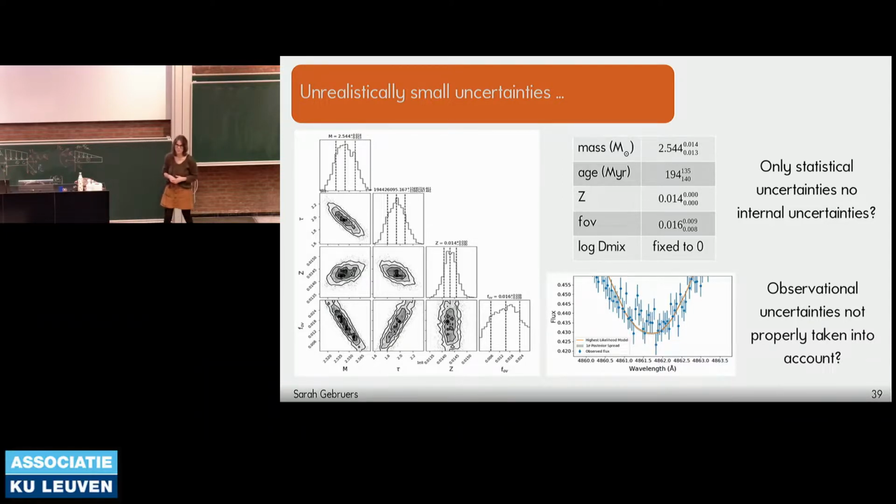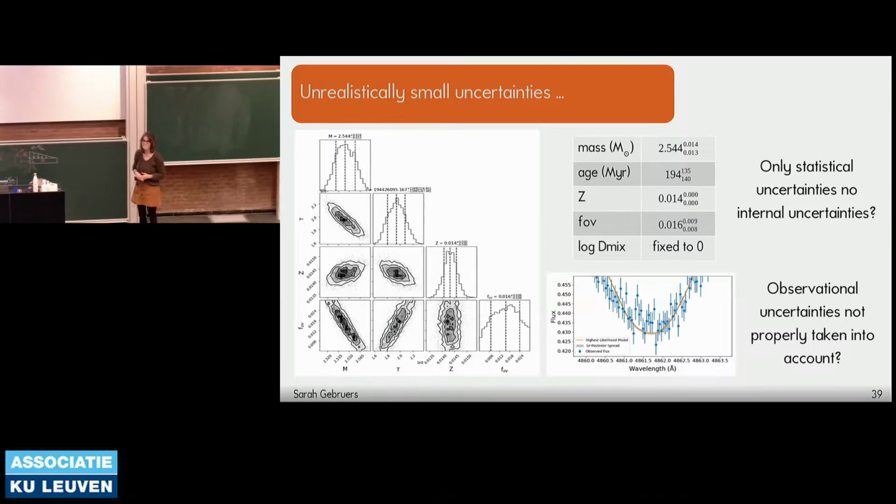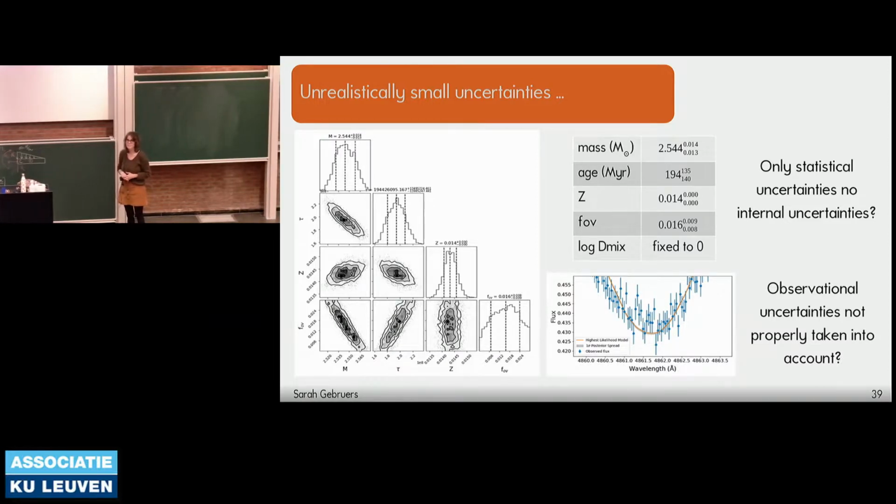Thanks, Sarah. I wanted to ask, what is the temperature range of the GSSP models? Well, we use 6,500 till 25,000, but GSSP can go lower, I think, if I'm not mistaken. I'll have to look it up, but I think it can go lower. But you don't go to higher temperatures?